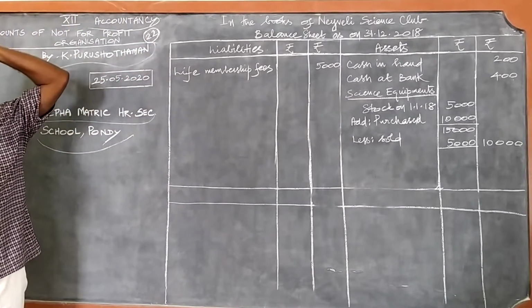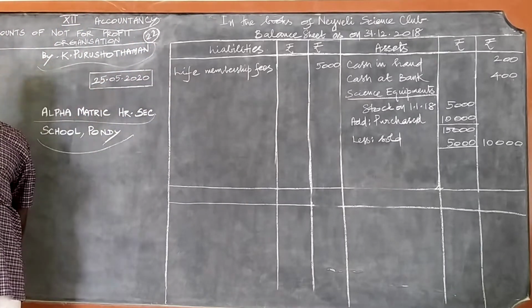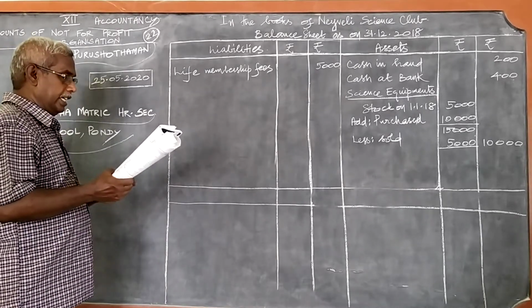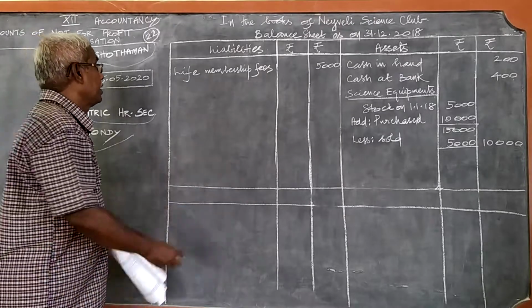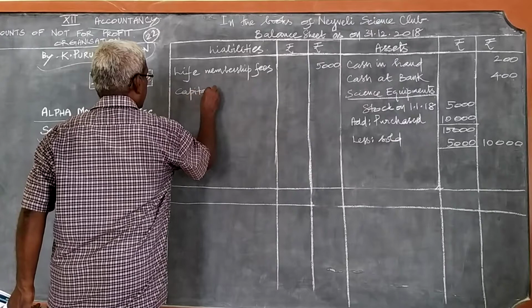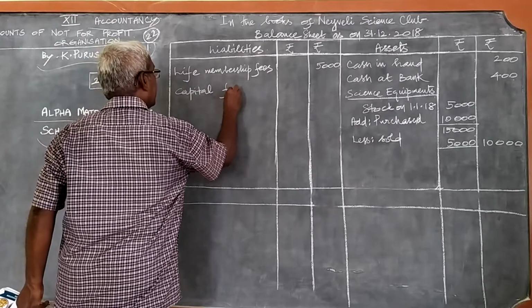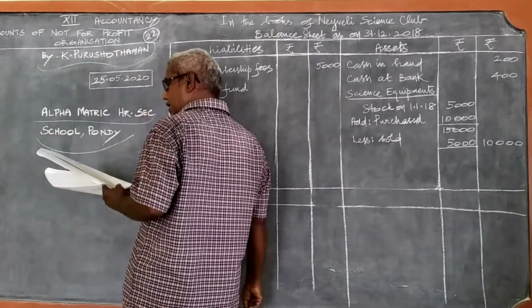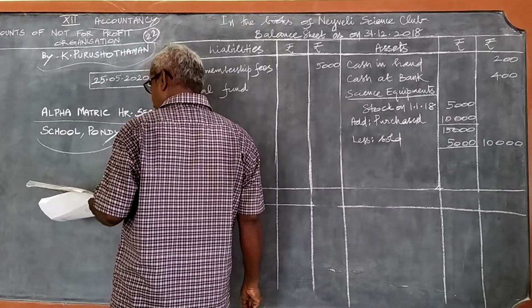Then what else we can write? We can go to the opening capital fund given under additional information. Capital fund, it is the fund available in the beginning. Capital fund, the amount is 6,400.